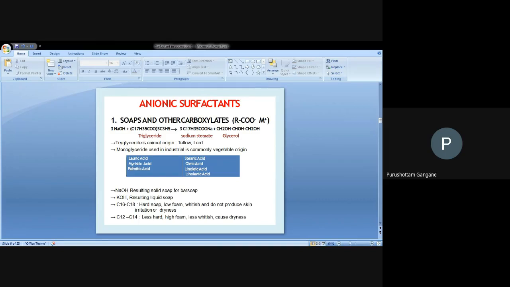Sodium stearate is nothing but the soap. These are examples of monoglycerides: lauric acid, myristic acid, palmitic acid. So from monoglyceride you can prepare soap, or from triglyceride, that is from animal origin, you can also prepare soap. And this soap acts as an anionic surfactant.